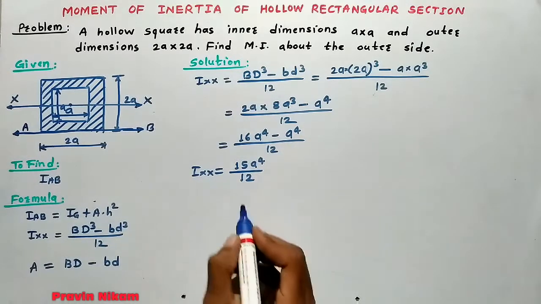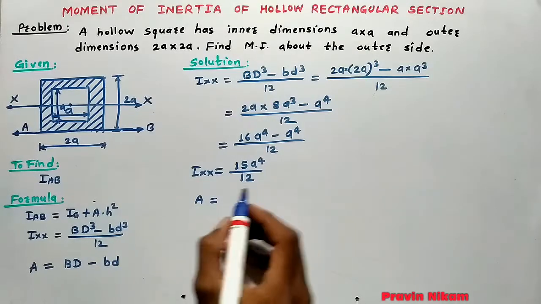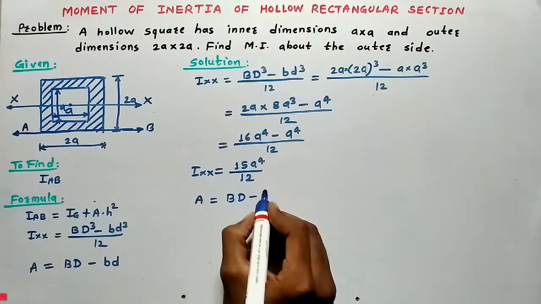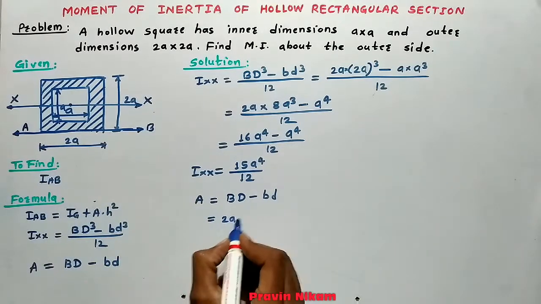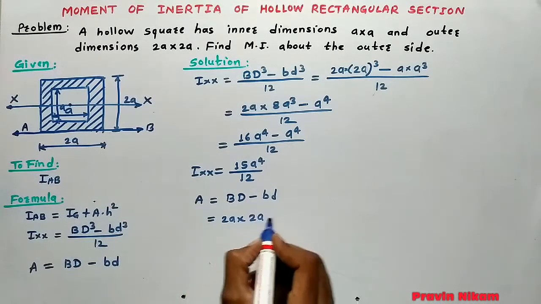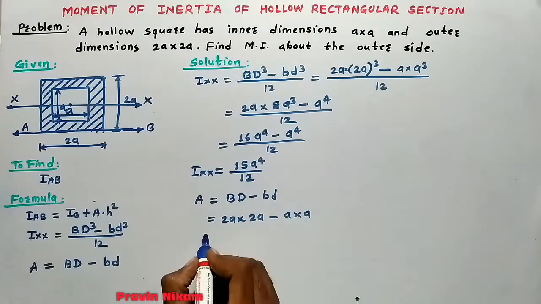So this is Ixx. Now find the area. A is equal to BD minus bd. Capital B is 2a, capital D is 2a, minus small b is a, small d is a.